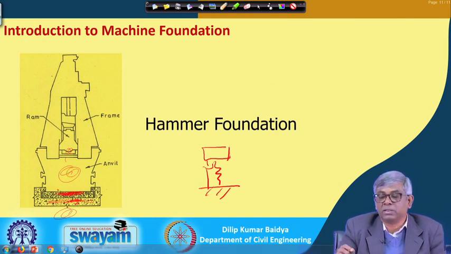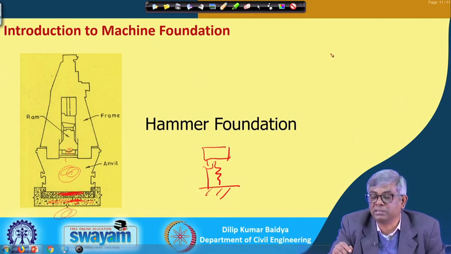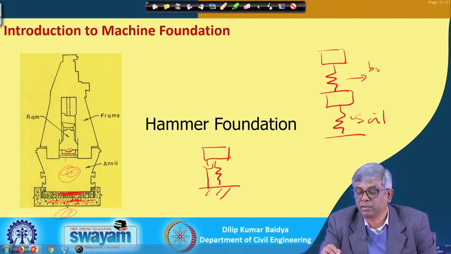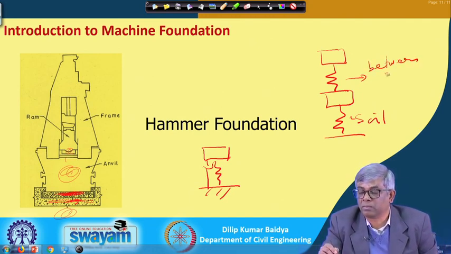So, this type of foundation will be designed or analyzed like a 2 degrees of freedom, that means one spring, then another mass, then another spring. This spring actually represents the soil, and this one is between the foundation and anvil.